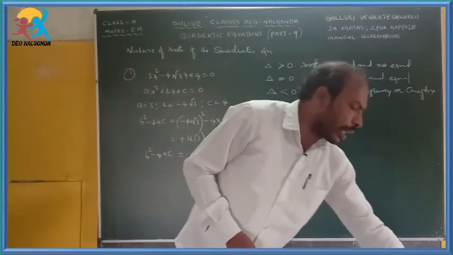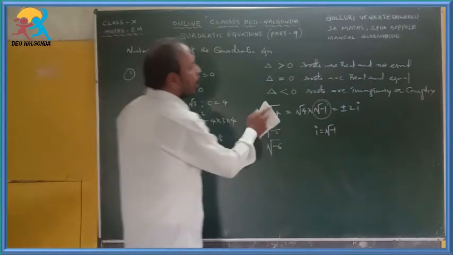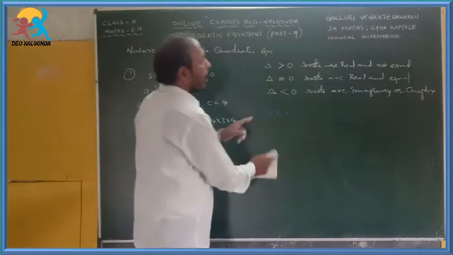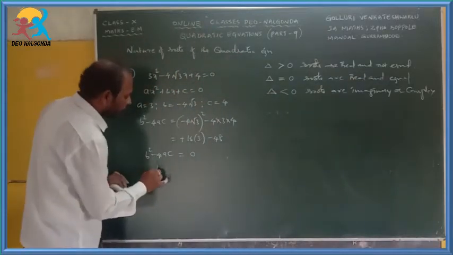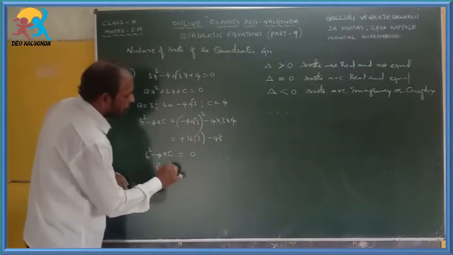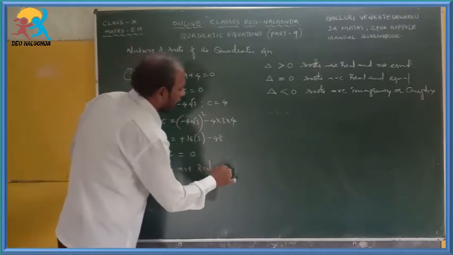So in this case, if the discriminant value is equal to 0, then roots are real and equal. Here the comment is roots are real and equal.